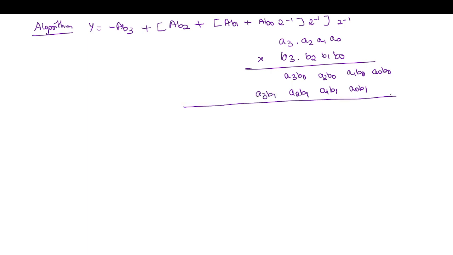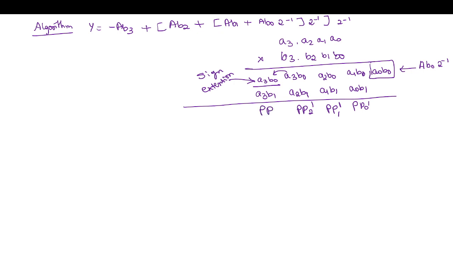Now, for this term I have to perform sign extension, so I will have A3 B0. This is called sign extension. And if I am performing A B0 2 to the power minus 1, it is one time shift, so this will be removed. Then I will have PP0, partial product 0 for the 0 term, partial product 1, partial product 2, partial product 3.